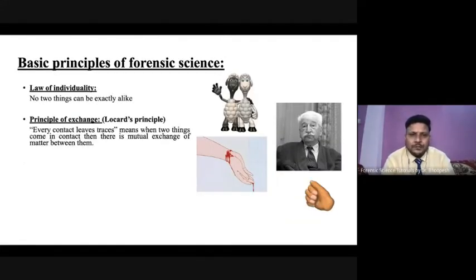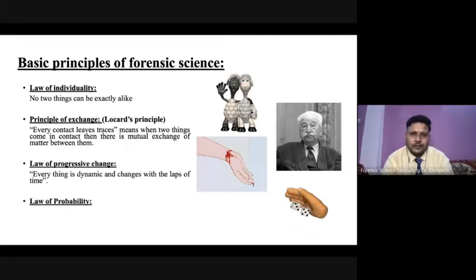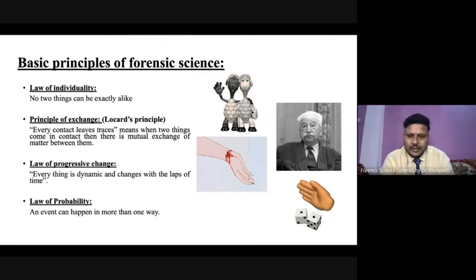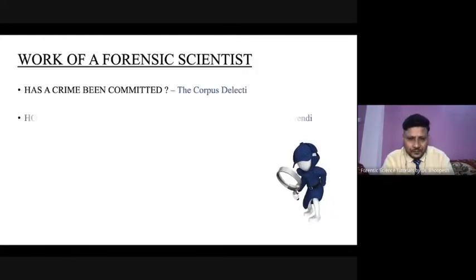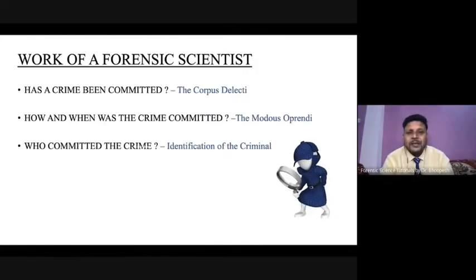We know the basic principles on which forensic science is based: law of individuality, exchange, progressive change, and law of probability. Now, our main work as a forensic scientist is to identify, first of all, whether a crime has been committed. This bears the main questions and answers.